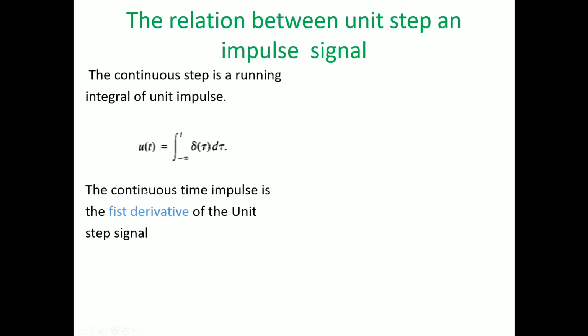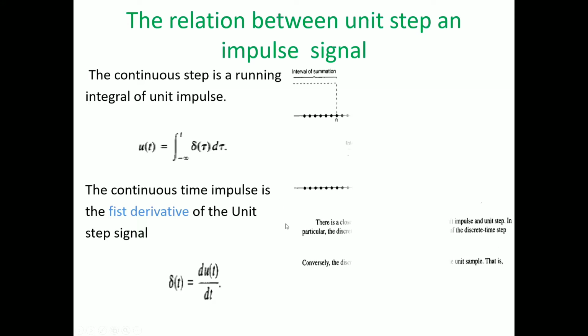And the continuous time impulse signal is also defined as the first derivative of the unit step signal, just the reverse of it. So delta t equal to d by dt of u of t. What is u of t? U of t is integral minus infinity to t delta tau d tau.